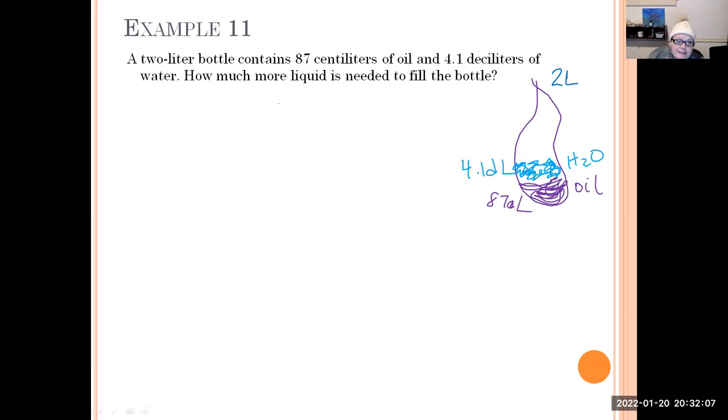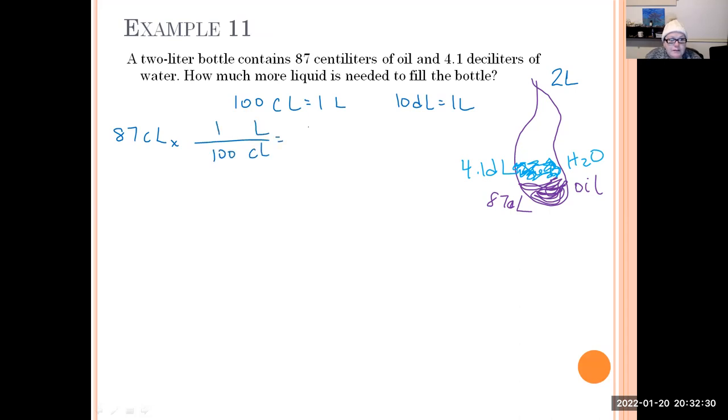Our conversions are centiliters. There's 100 centiliters in 1 liter, and there are 10 deciliters in 1 liter. All right, let's go with what they're giving us. 87 centiliters times, centiliters goes in the denominator, liters in the numerator, 1 and 100.